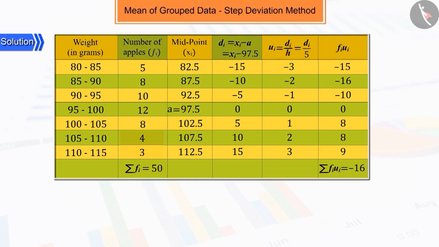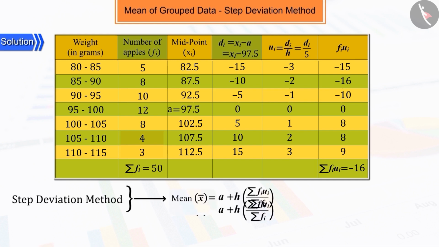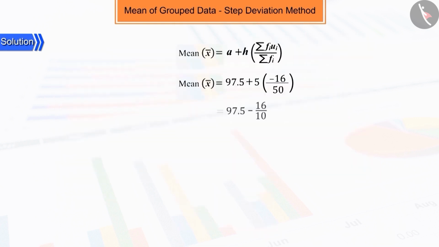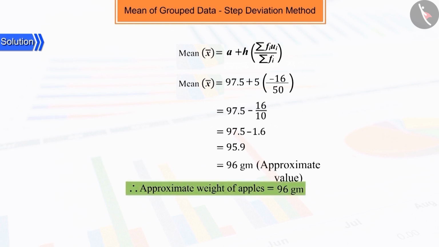Substituting the values of the assumed mean A, the class interval h, summation fi ui and summation fi in the above formula and solving, we obtain the mean as 95.90. So, we can say that the nearest mean weight of apples is 96 grams.